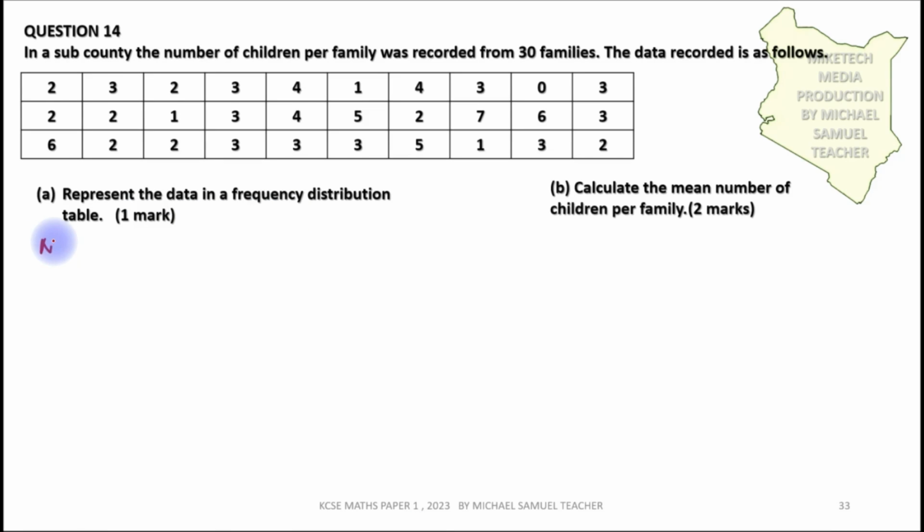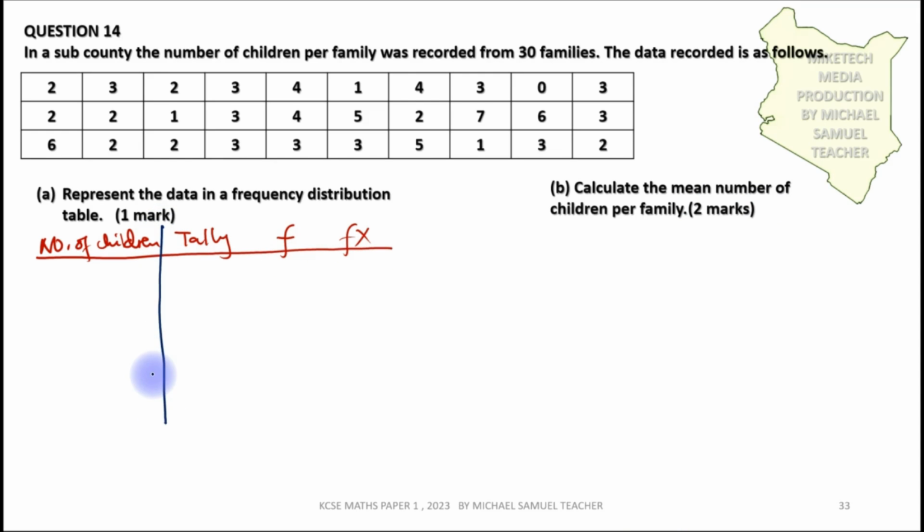So we need to have the number of children, then the tally, then the frequency, and since this part requires us to find the mean number of children.